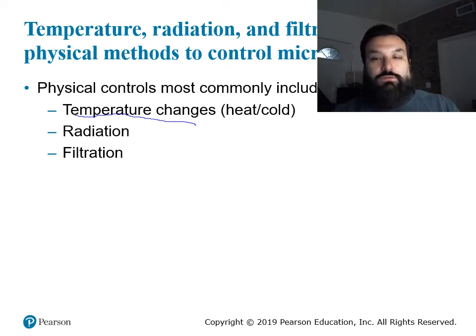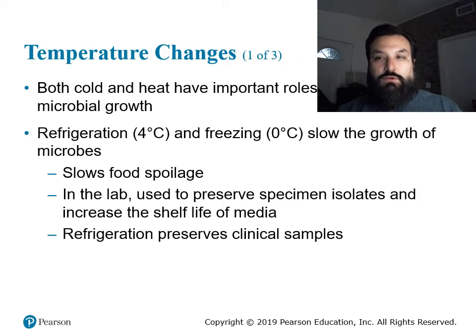So that's one thing that we can use for controlling microbes. Radiation plays a role in growth, or inhibiting growth. And filtration. Filtering things out can actually be a method of controlling growth, or controlling microbes, right?